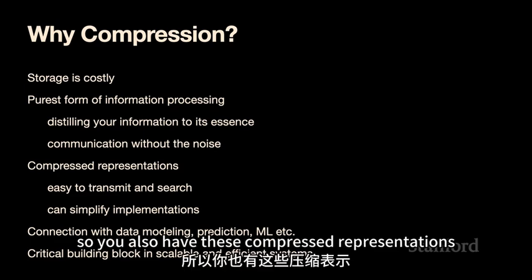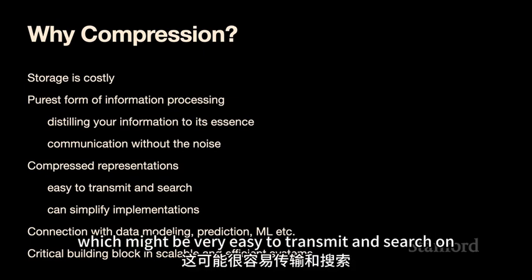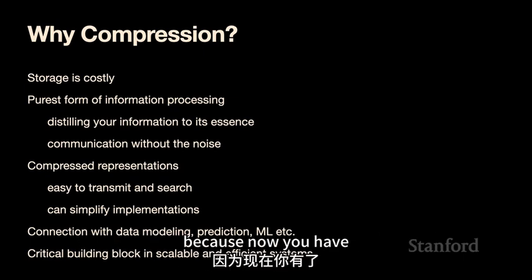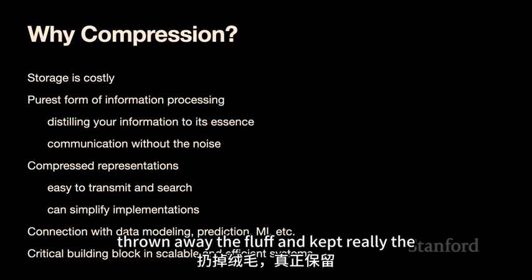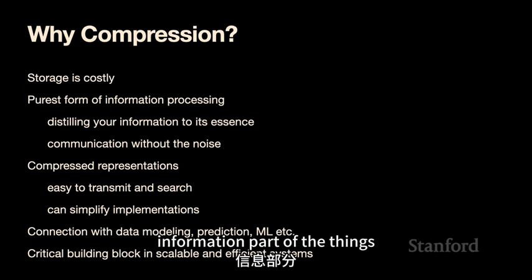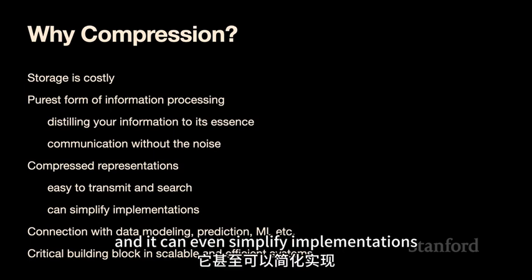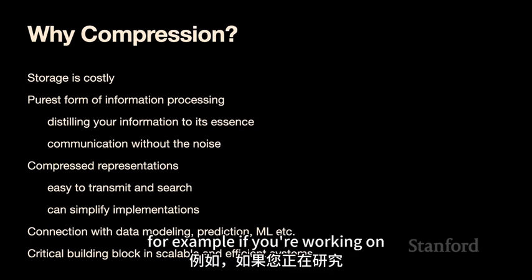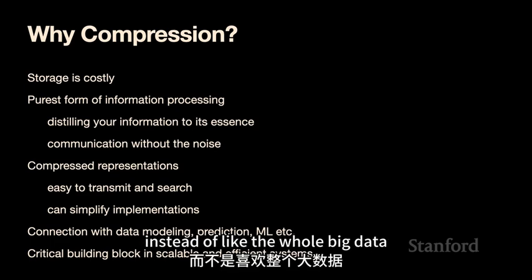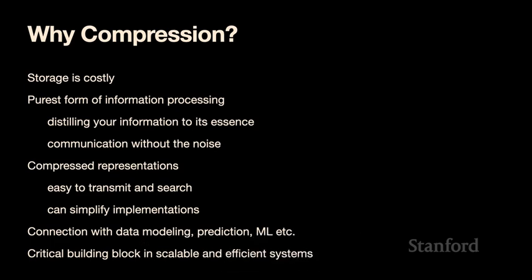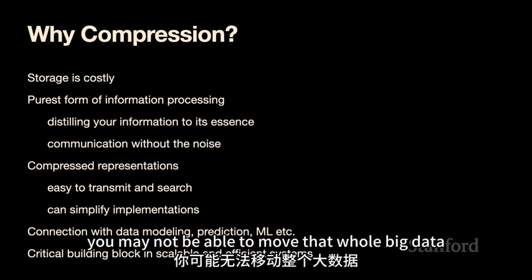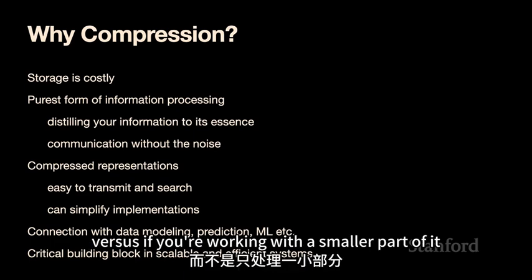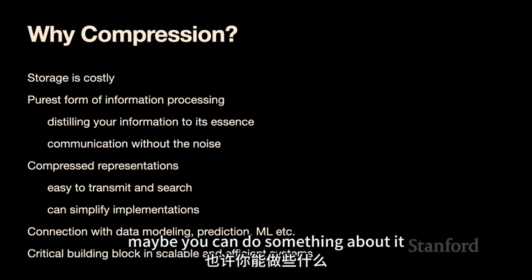You also have these compressed representations, which might be very easy to transmit and search on, because now you have thrown away the fluff and kept really the information part of things. And it can even simplify implementations. For example, if you are working on just the compressed representation instead of the whole big data, you may not be able to move that whole big data, versus if you're working with a smaller part of it, maybe you can do something about it.